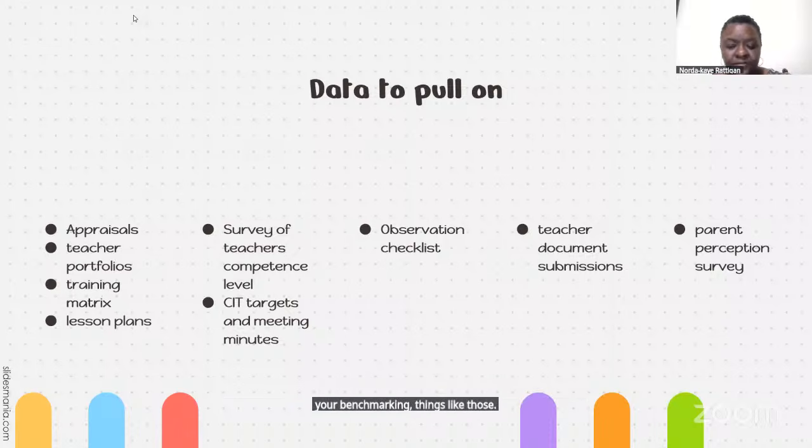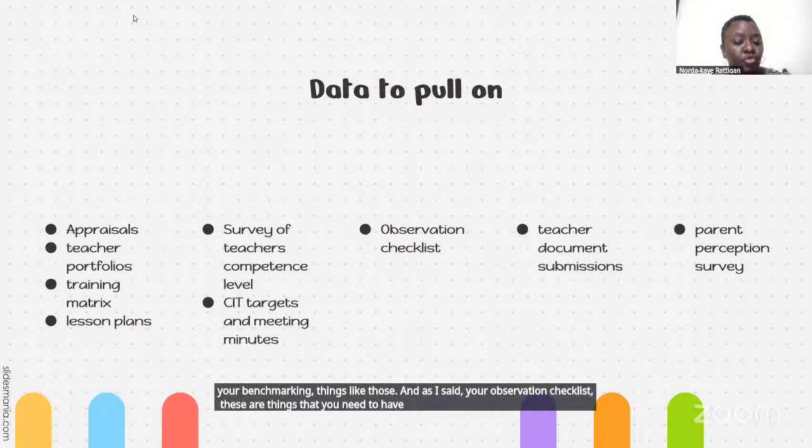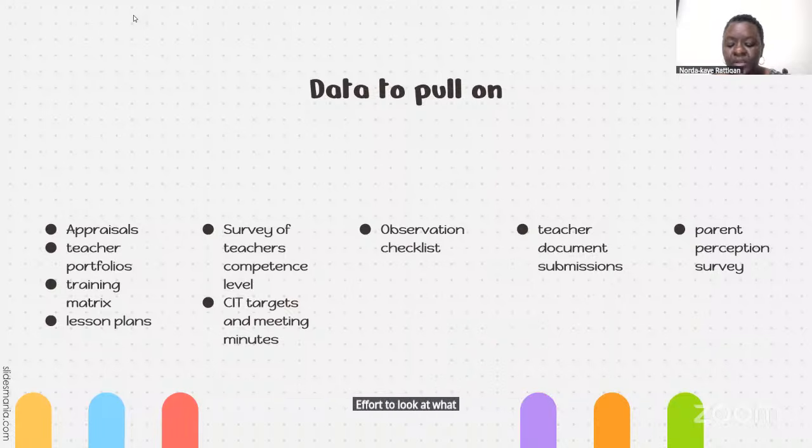And as I said, your observation checklist, these are things that you need to have proper records of. Don't just say you do them, but at the end of each term, make an effort to look at what is happening so that you can make adjustments as you go on.